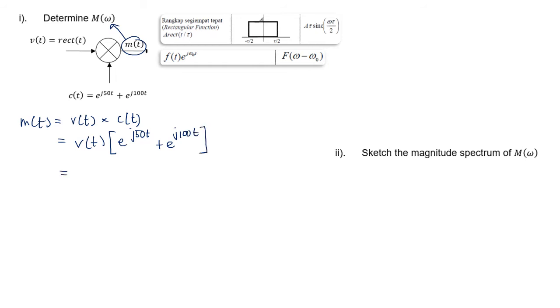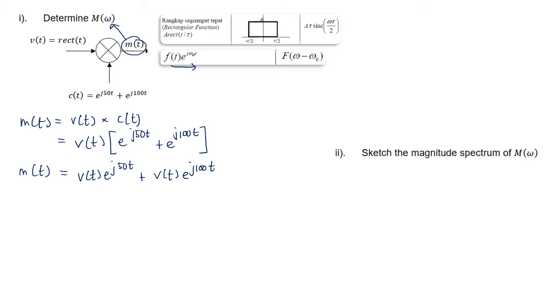So this one equals v(t) e^{j50t} plus v(t) e^{j100t}. So this is your m(t). If you compare to the table, when you have a function multiplied with an exponential function, the Fourier transform of the signal equals F(omega minus omega naught).